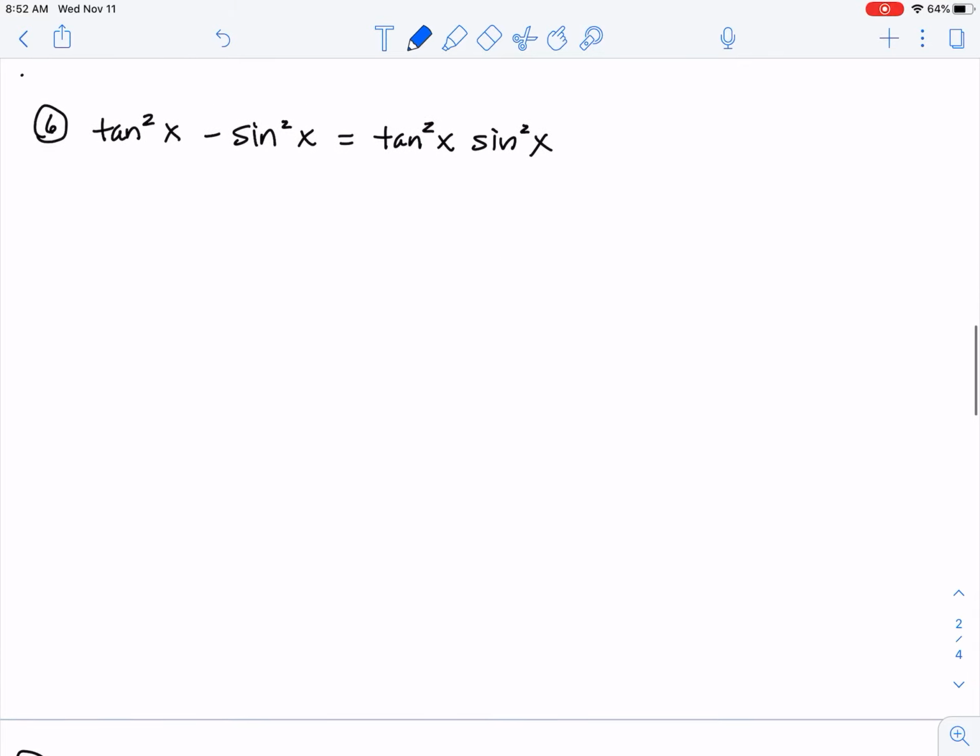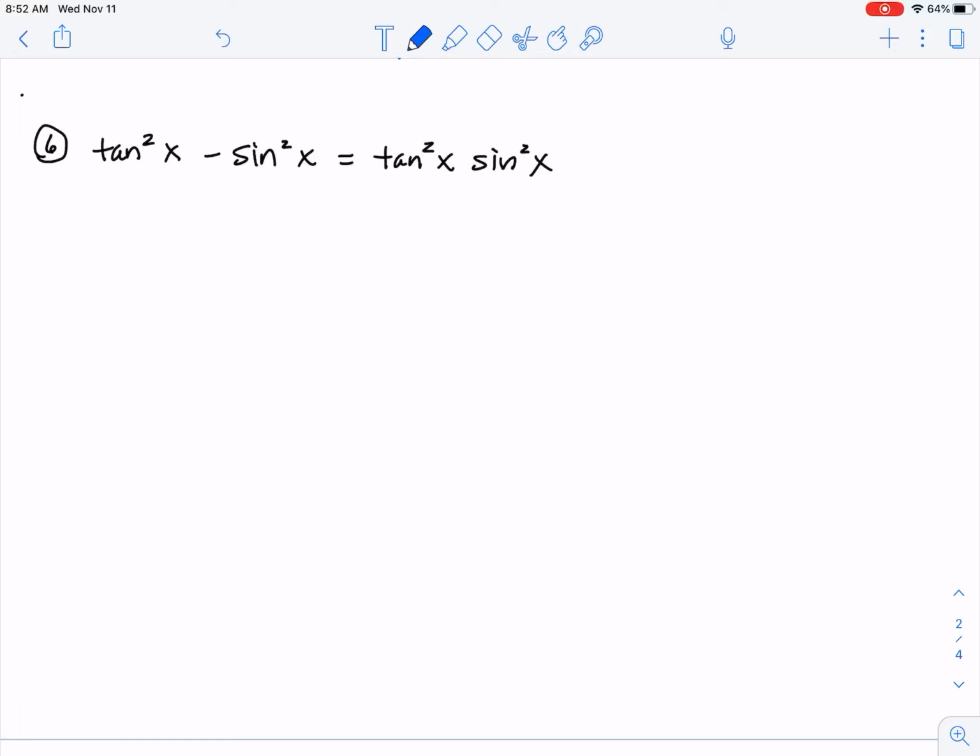Okay, here's another one. Tangent squared x minus sine squared x equals tangent squared times the sine squared. Okay, let's see. I think since I see tangents and sines, I'm going to go ahead and manipulate this and put it all in sines and cosines.